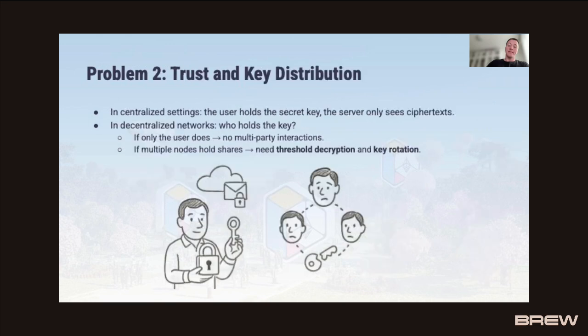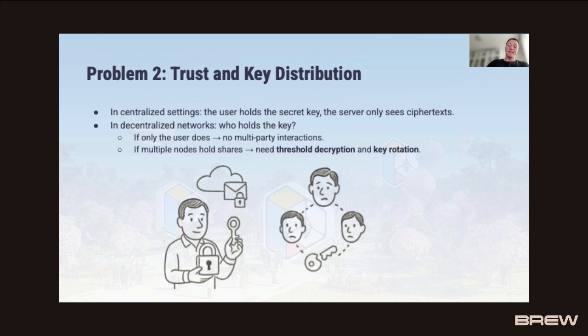The second problem is trust and key distribution. In centralized settings, like on the first slide, the user holds the secret key and the server only sees ciphertexts. In decentralized networks, there's a question of who holds the key. If only the user does, then there are no multi-party interactions. And if multiple nodes hold shares, you usually need some kind of threshold encryption.